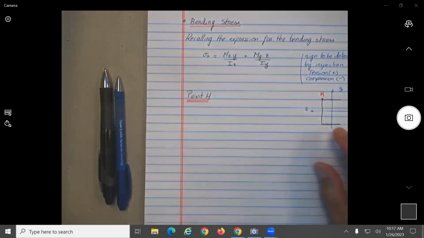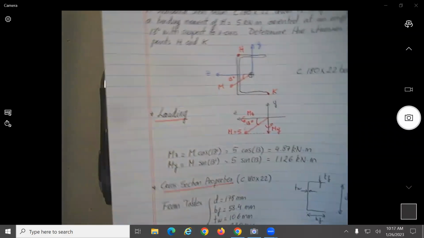What do we have for My and Mz at the first page? Okay, so both of them were positive. I think that matters.